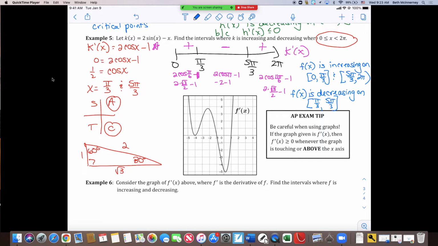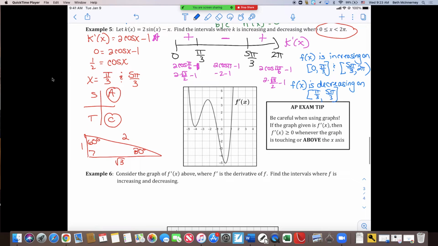All right, so here's an AP exam tip. Be careful when using graphs. If the graph given is f prime of x, then f prime of x greater than or equal to 0 whenever the graph is touching or above the x-axis. So in example 6, it says consider the graph of f prime of x above, where f prime is the derivative of f.